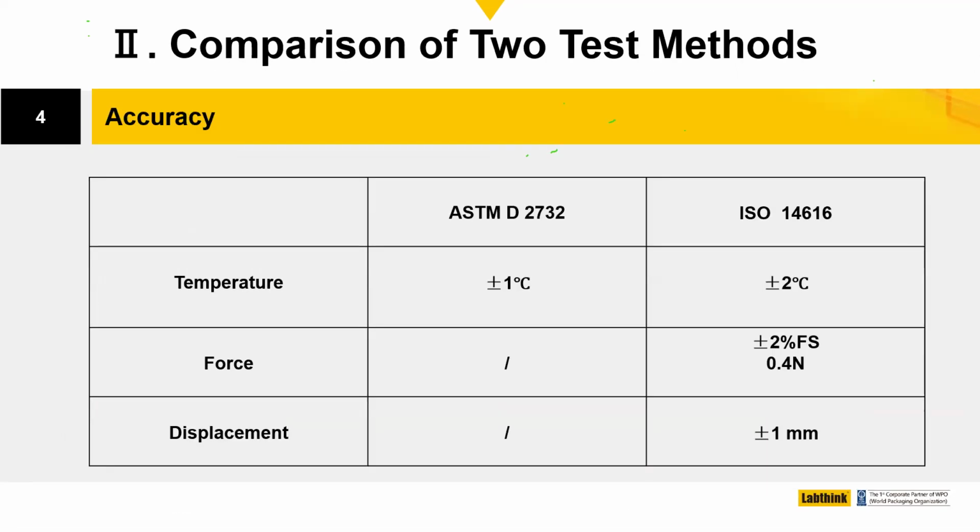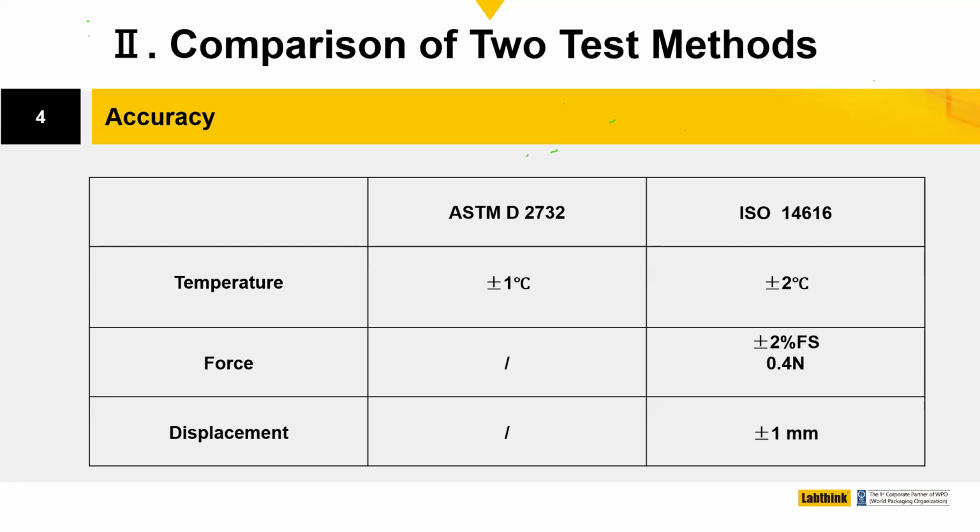There's also a difference in the parameters specified within the two standards. So D2732 says that you must maintain the accuracy of the temperature to within plus or minus 1 degree Celsius, 14616 plus or minus 2 degrees. And then because there are no force or displacement measurements with 2732, there is no data there.